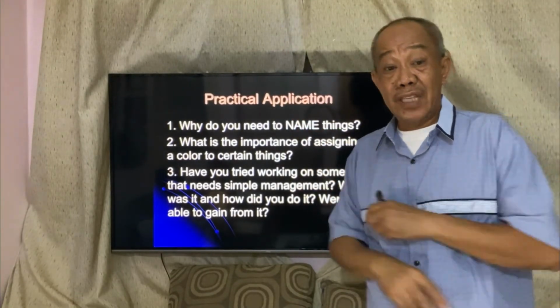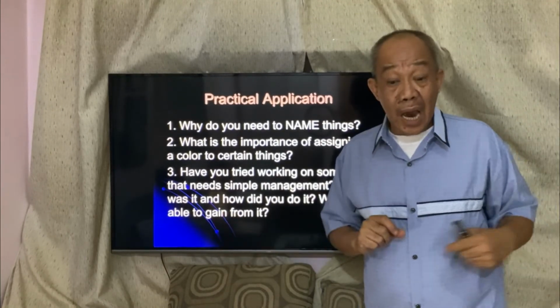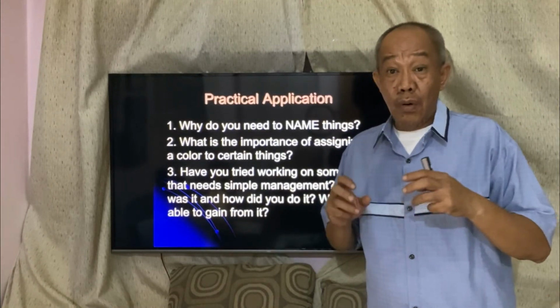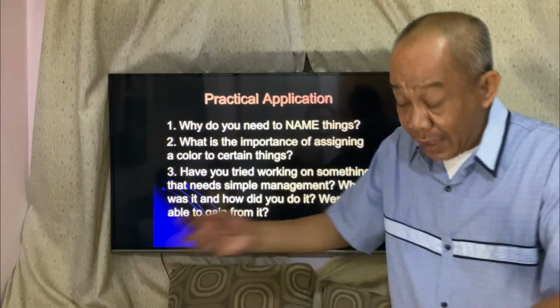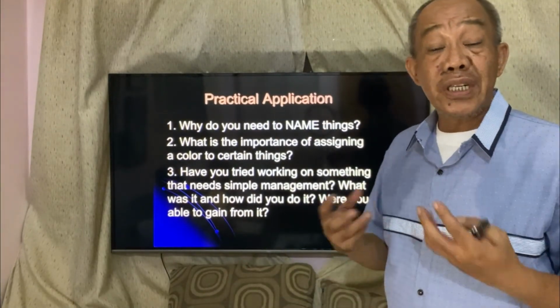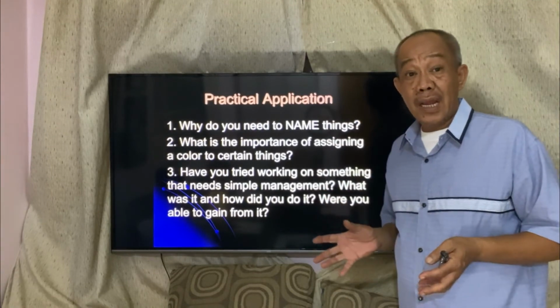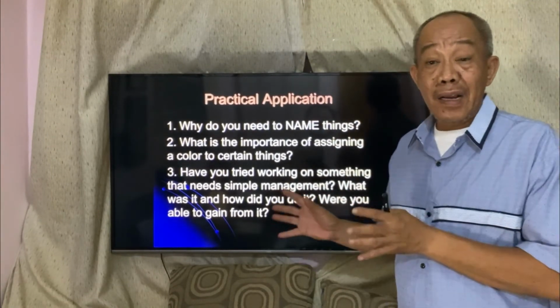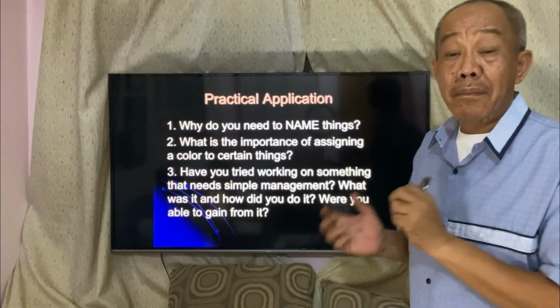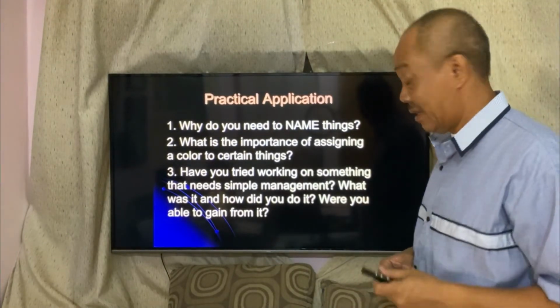If it's cluttered and you're in a hurry to use it and you cannot find it, there's a problem there. So managing simple things like arranging it properly, putting it into order, makes work easy.